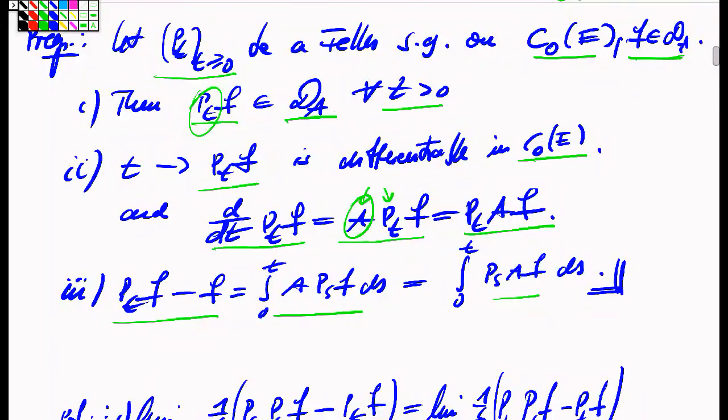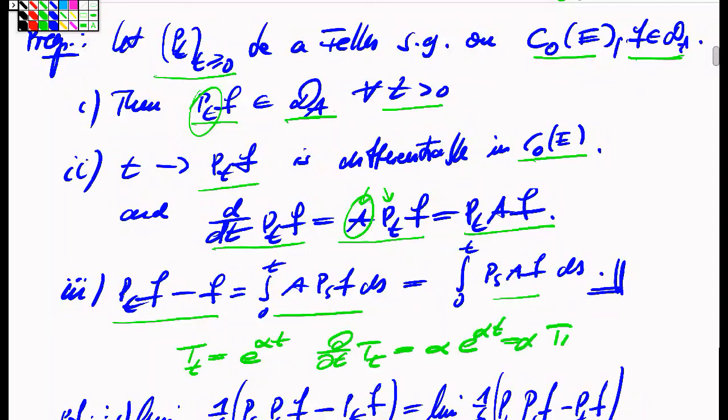If you believe in the analogy with the finite dimensional or one-dimensional situation of the exponential function, if you recall that in this case we write Pt as e to the alpha t, and then of course what we know is that at any time d by dt Pt, this derivative is nothing but alpha times e to the alpha t, which is alpha times Pt again.